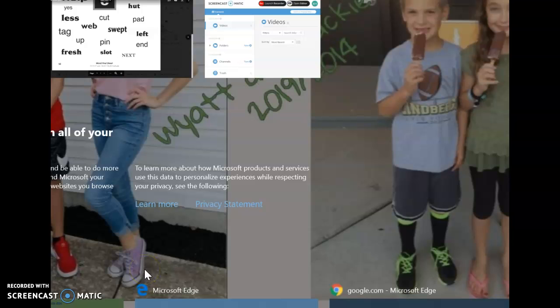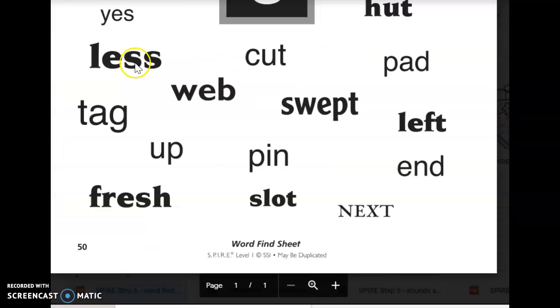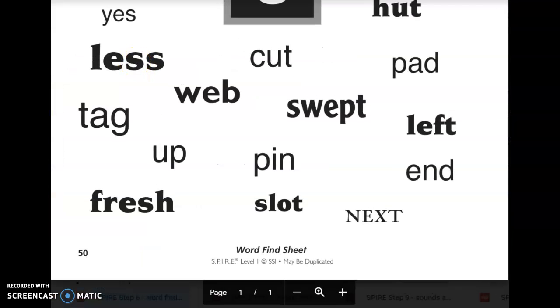Okay, so now we have the bottom of the sheet, and we're going to do exactly the same thing. Look out for words that have the letter E that says eh in the middle, but then have more than one letter surrounding it.